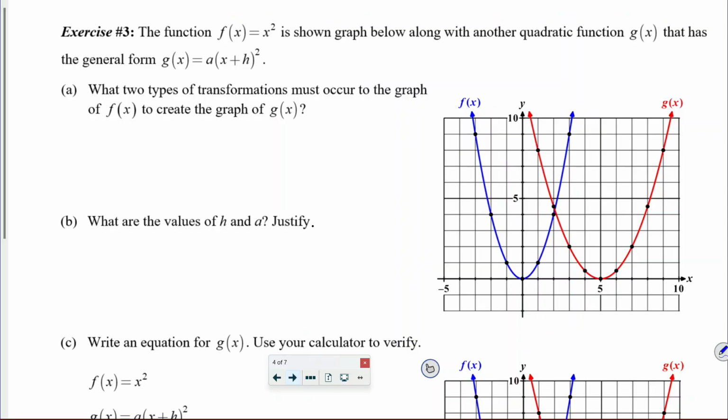Exercise number 3. The function f of x equals x squared is shown graphed below, along with another quadratic function g of x that has the general form g of x equals a times x plus h quantity squared. Letter A. What two types of transformations must occur to the graph of f of x to create the graph of g of x?